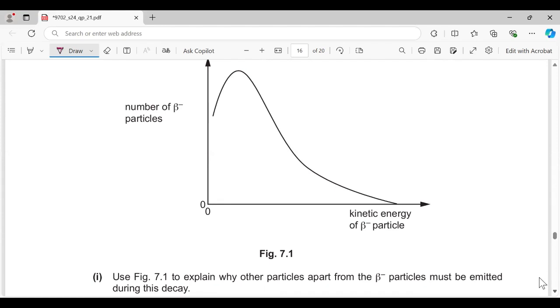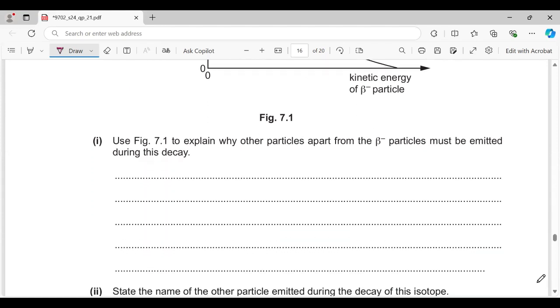So I'm going to write: due to the energy of decay is constant.